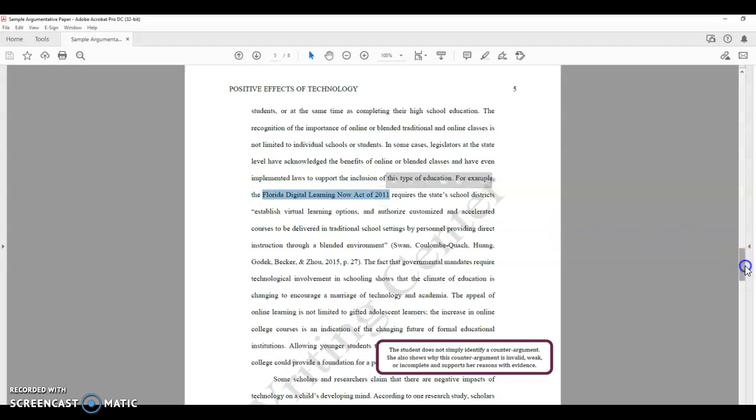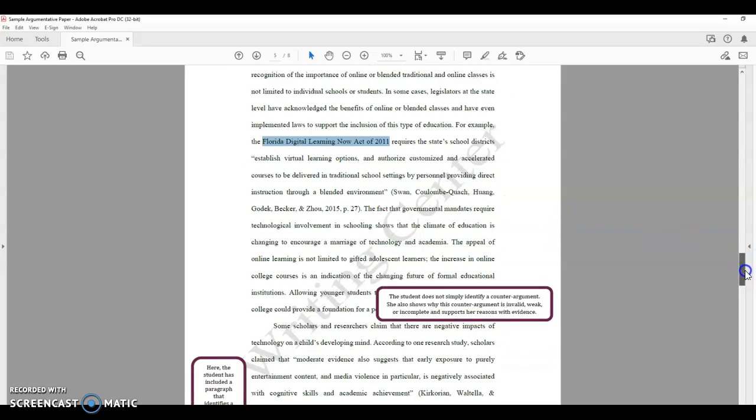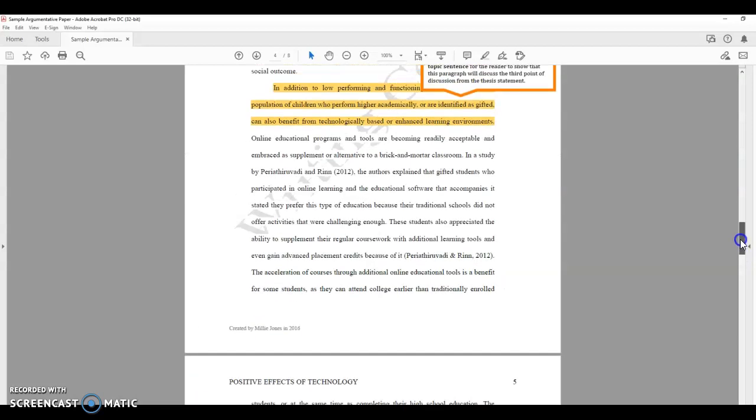And this is a very nice discussion to support her third point, which is that it can help high-performing students enhance their learning environments.